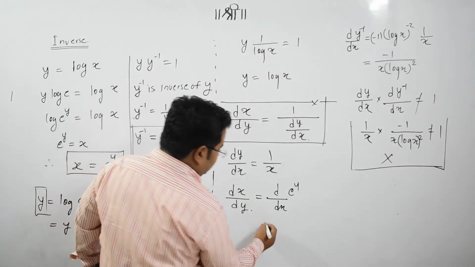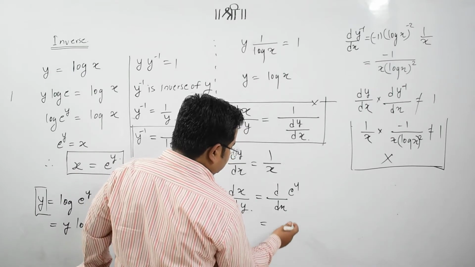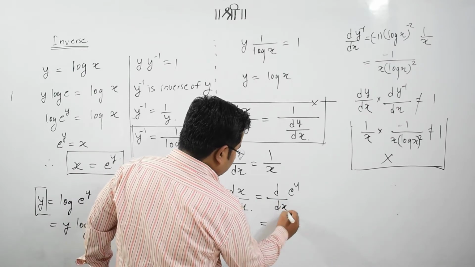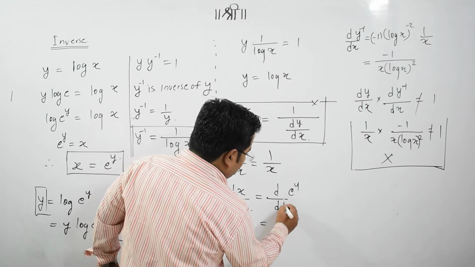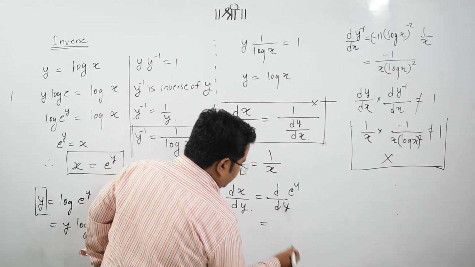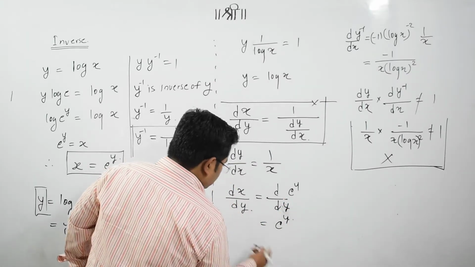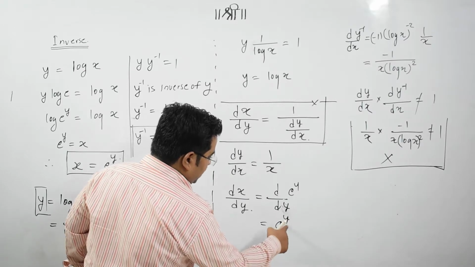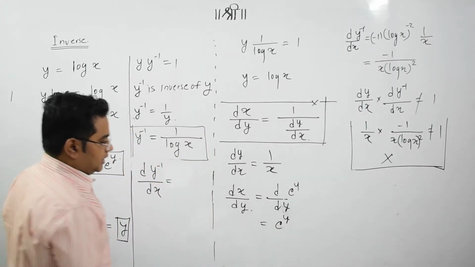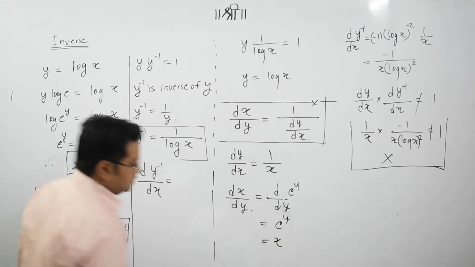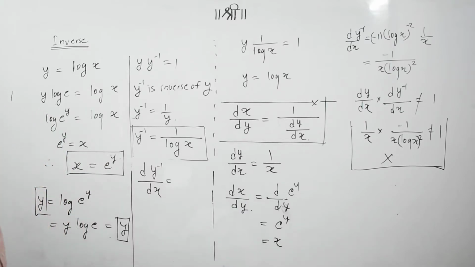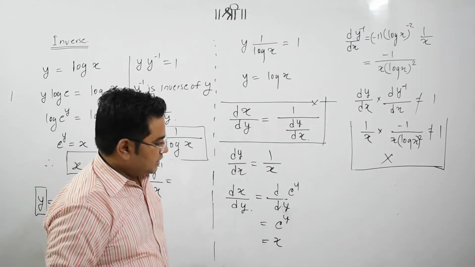What is the derivative of it? The derivative will be e raised to y only. So e raised to y is nothing but x again.